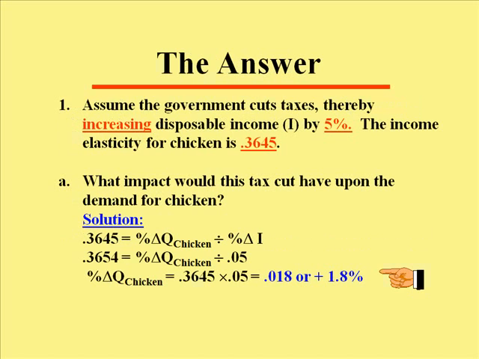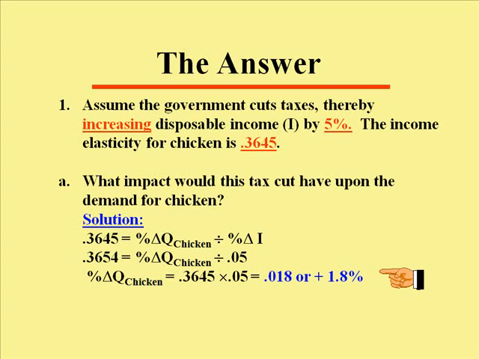You should have written on your paper 0.3645 equals the percent change in the quantity of chicken divided by the percent change in income. And we can fill in the percent change in income as 0.05. Working backwards, we have percent change in quantity over 0.05, and we want to get that percent change in quantity by itself. So we multiply both sides of our equation by 0.05.